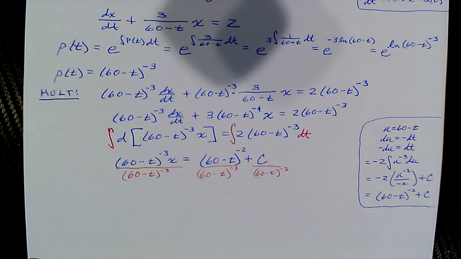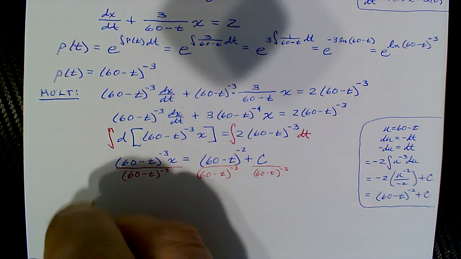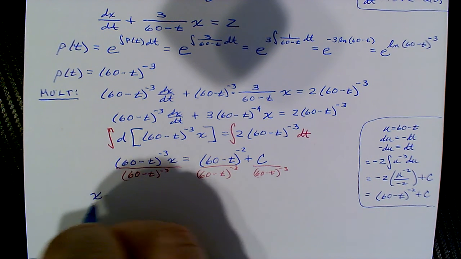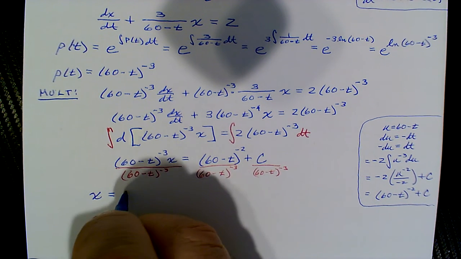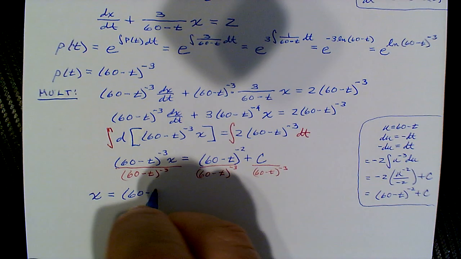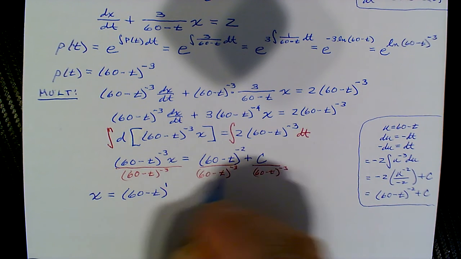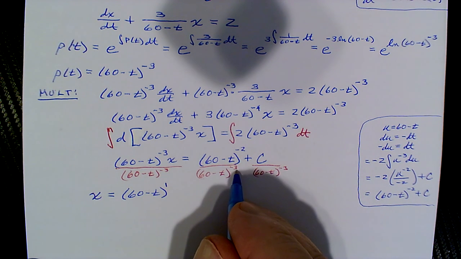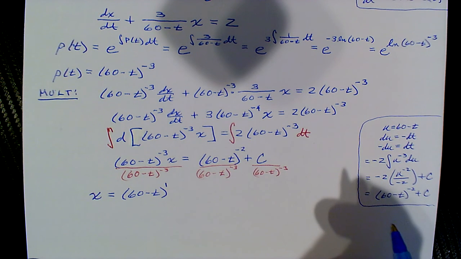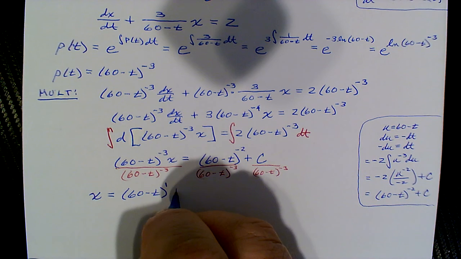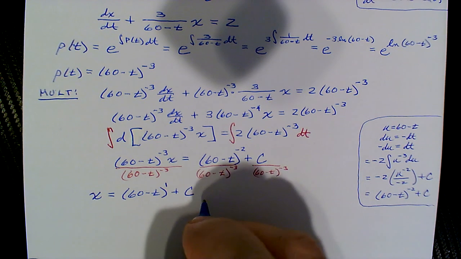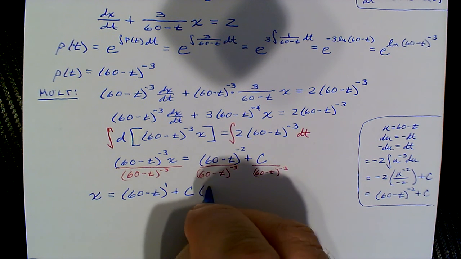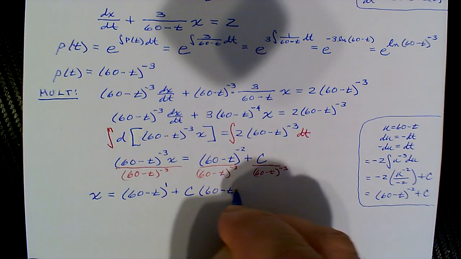So I'm showing it explicitly. And now we have x is, okay, this gives us (60 minus t) to the first. Subtracting exponents, minus 2 minus a minus 3 would be plus 1. And then plus, let's express this as c, and we'll bring that negative exponent up to the numerator, (60 minus t) quantity cubed.